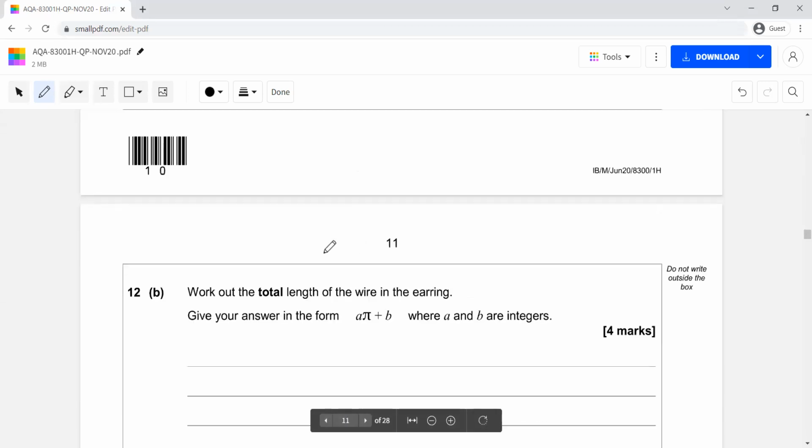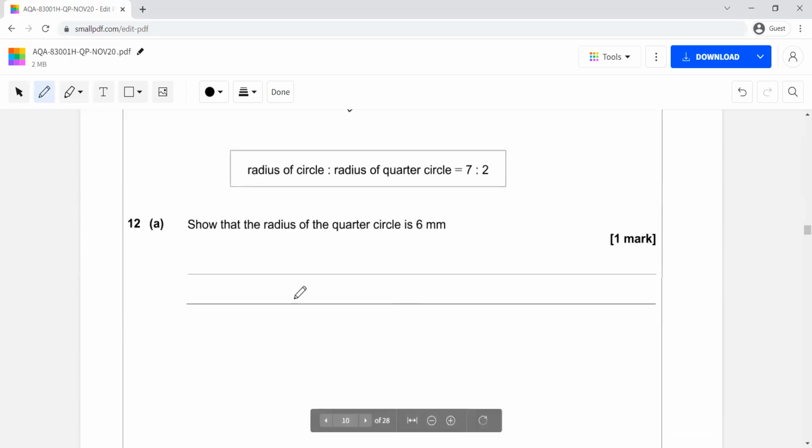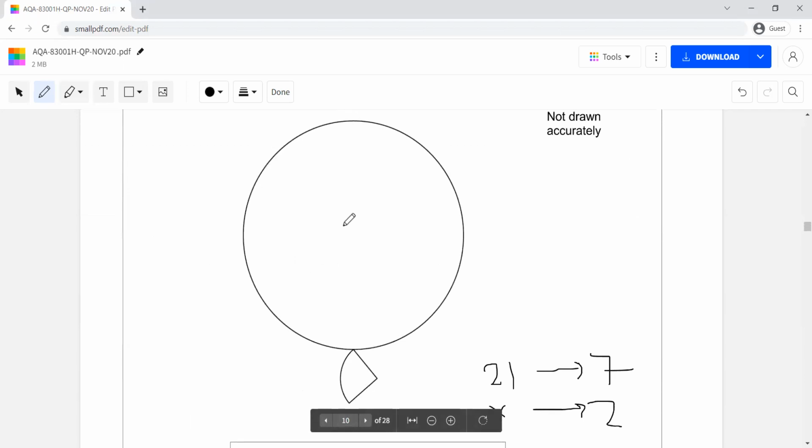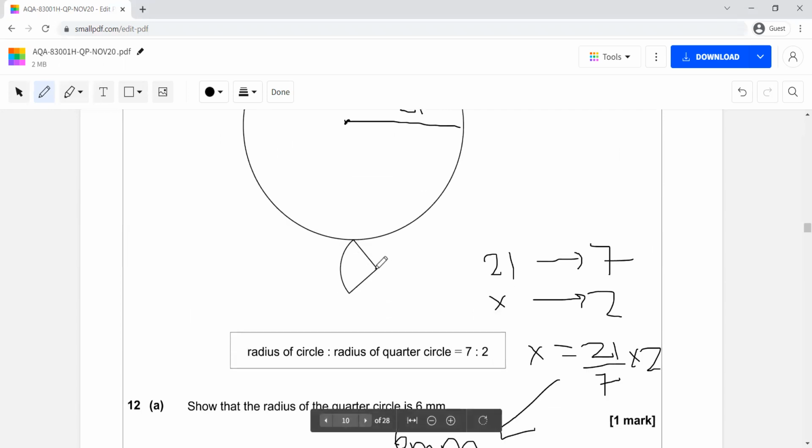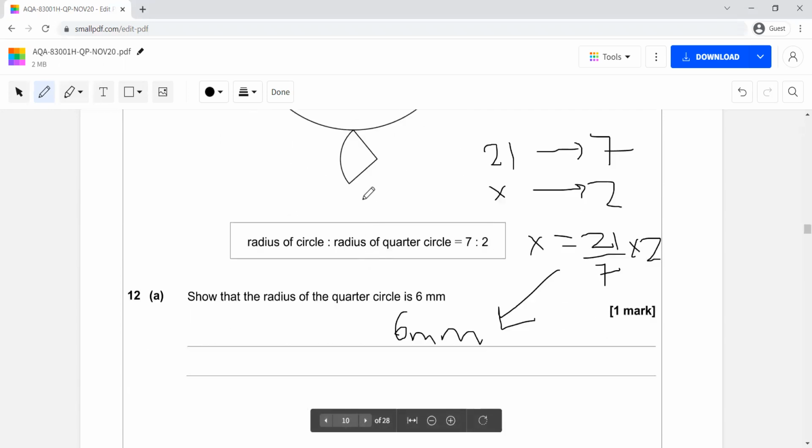Question 12b, work out the total length of the wire in the earring. Give your answer in the form a pi plus b, where a and b are integers. Okay, so I'm going to first draw this, and this is 21 because it's the radius. And we calculated that the radius of the quarter circle is equal to 6.